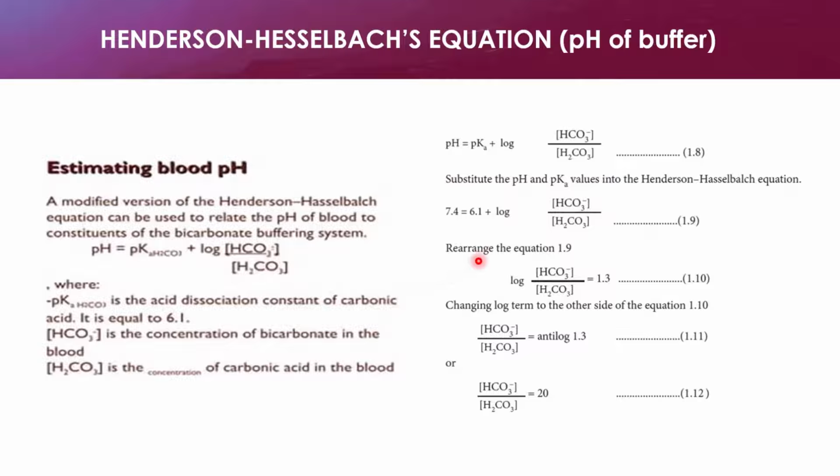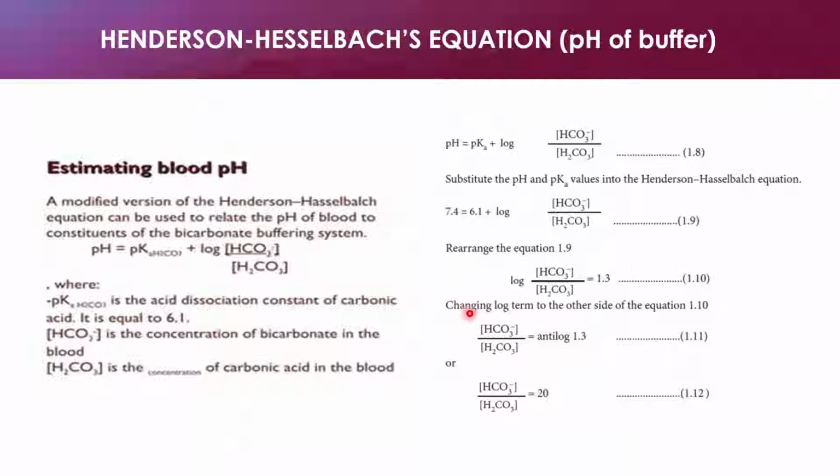If we rearrange equation 1.9, we get log of the concentration of this divided by the concentration of this to be equal to 1.3, because if this crosses the equal sign, it will become minus.